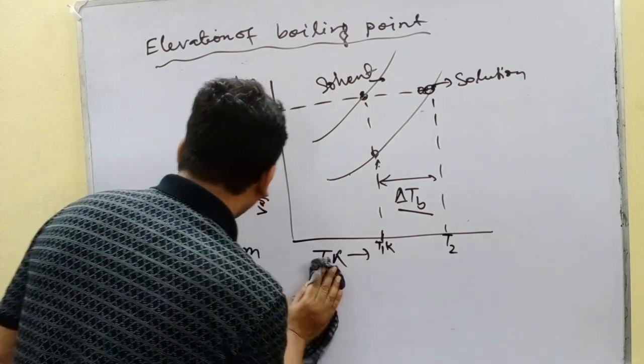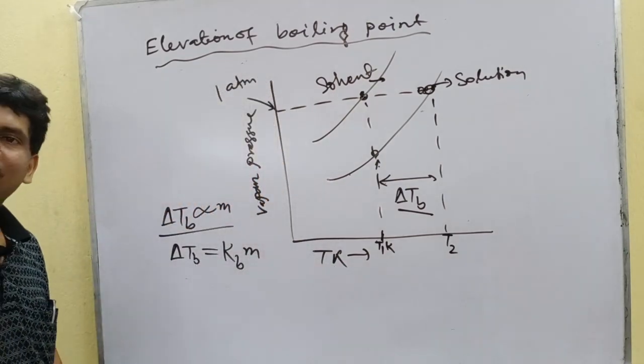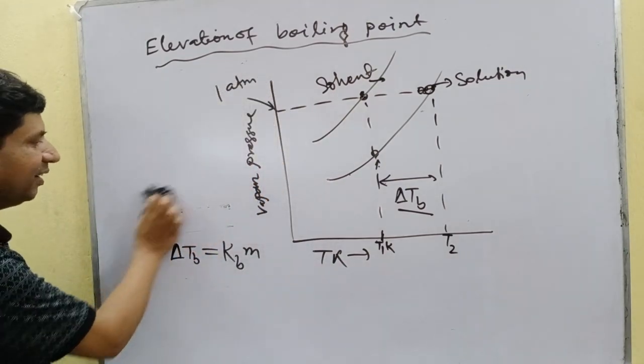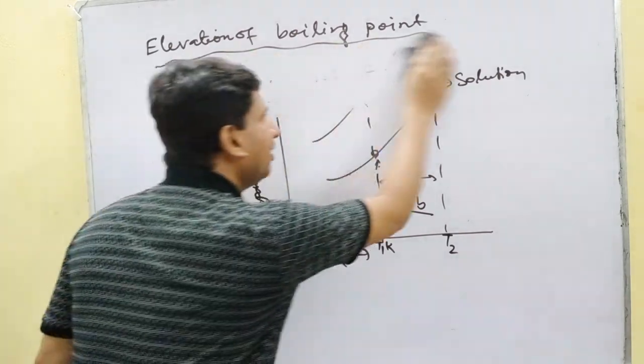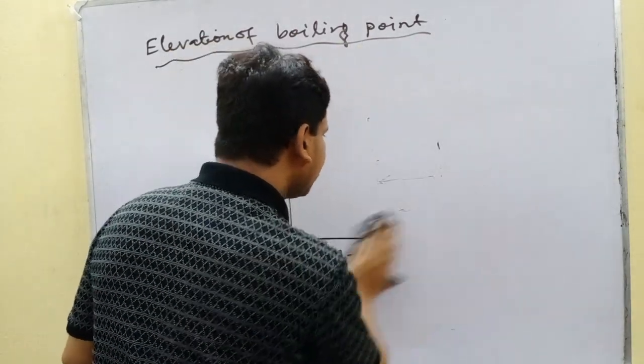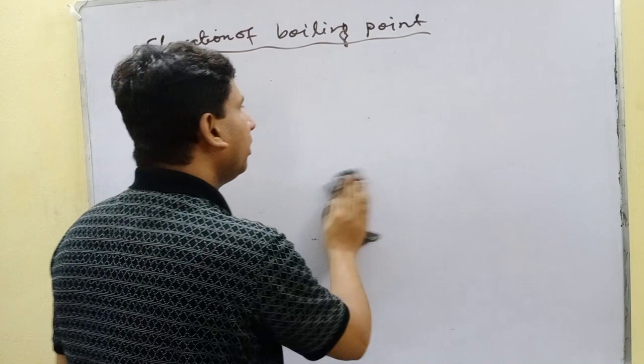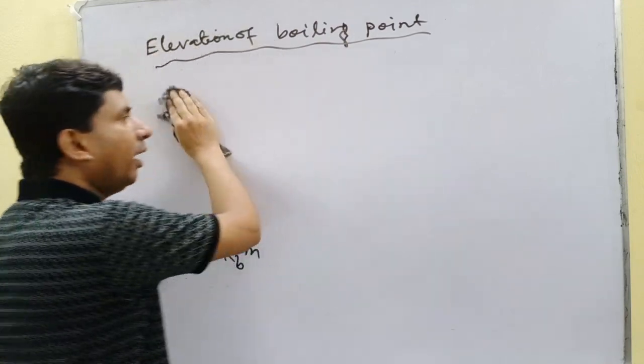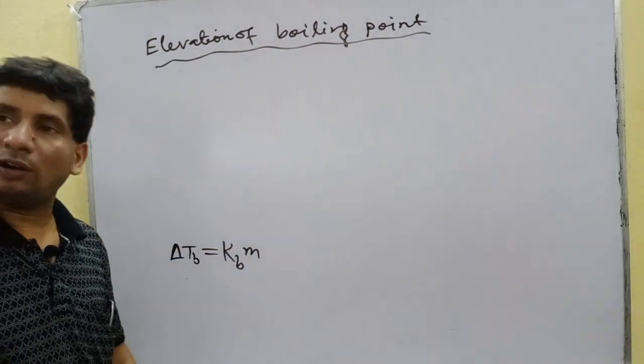Now, what is molality? You already know the molality. Molality is the number of moles present in 1000 gram solvent.